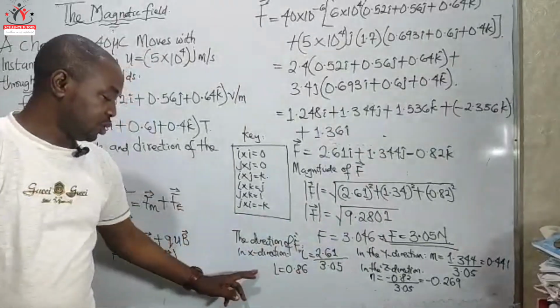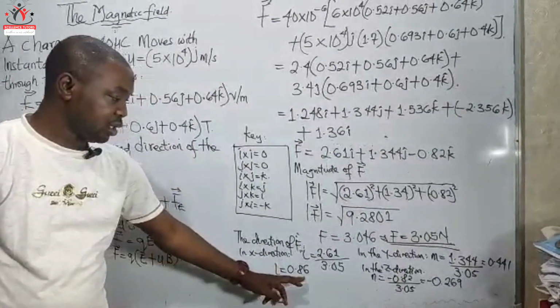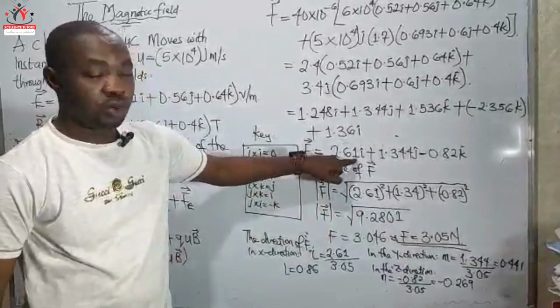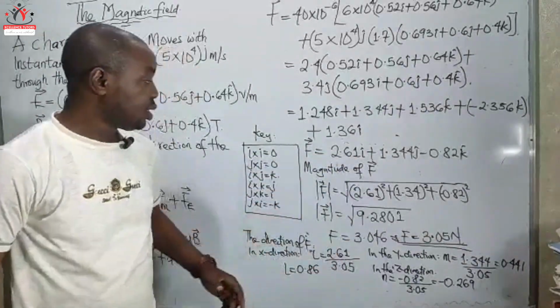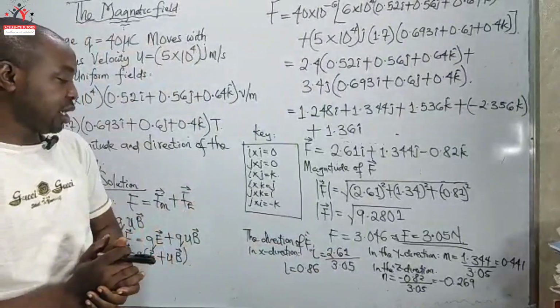We have the first one in the x direction, which is 0.86. That's when we divide 2.61 by this value, we get the direction along the x-axis.